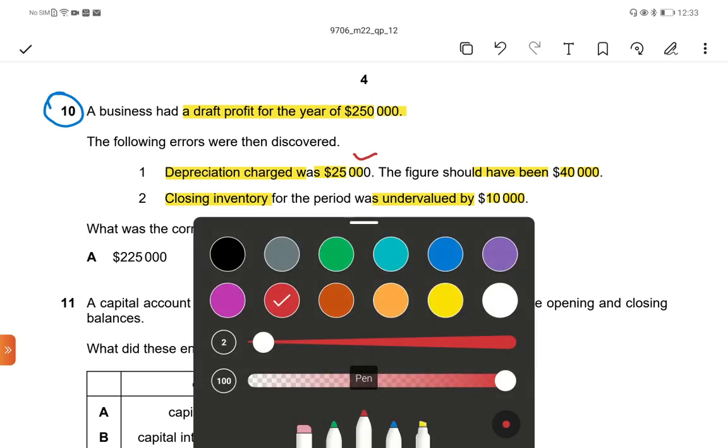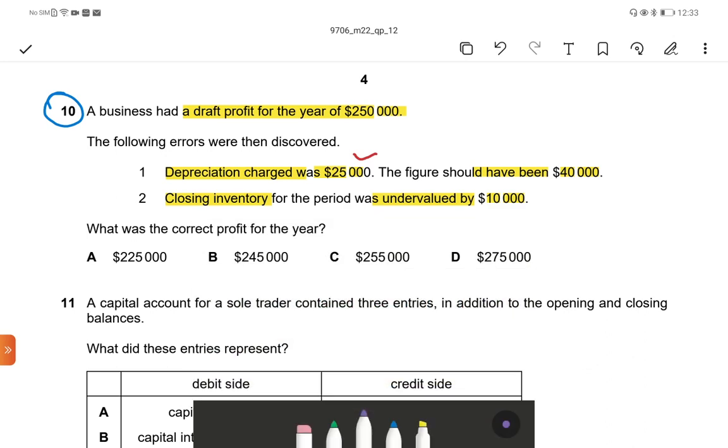Here, the actual depreciation is 40,000 but they entered 25,000. Depreciation is understated. So depreciation expense understated means profit must be overstated.